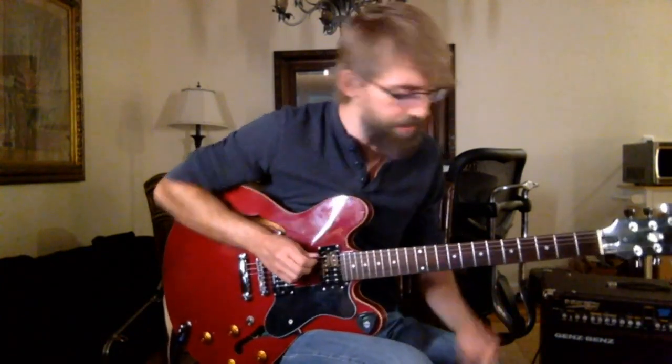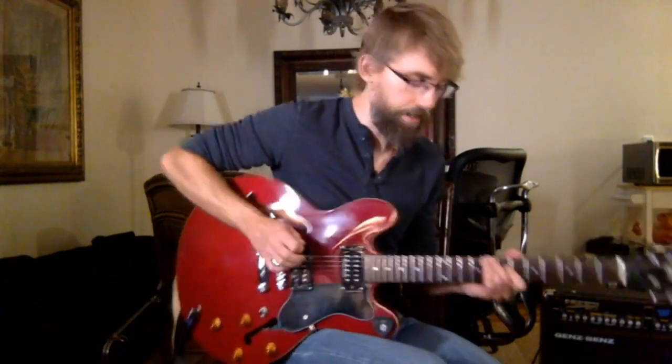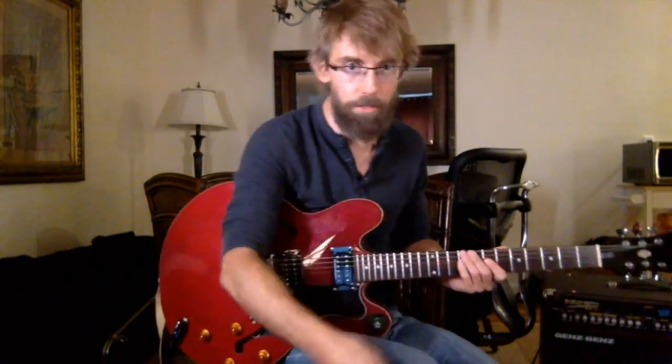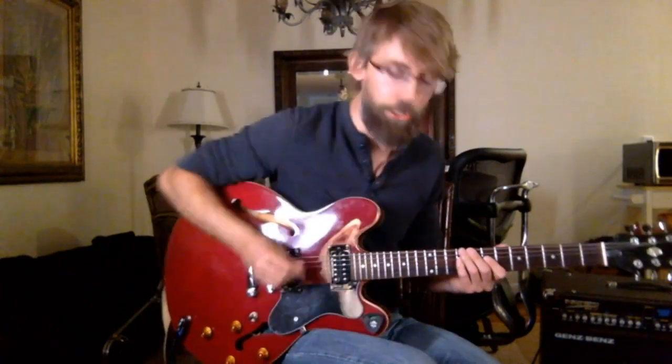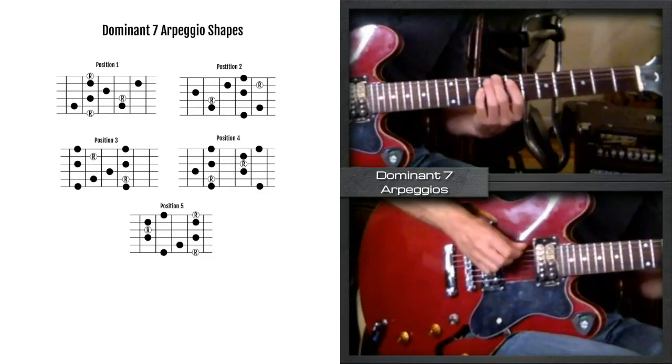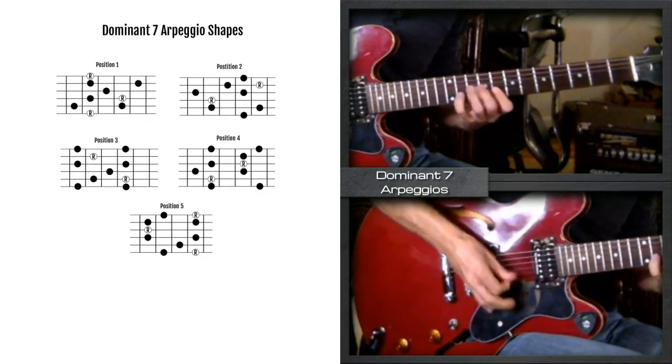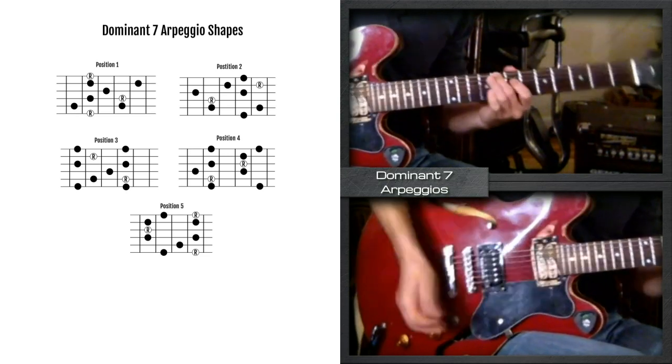So if we take a look at position 1 in C major, it's going to start on the 8th fret. Of course, you could play this shape anywhere, because that's the whole idea with scale shapes, you can move them around. So this one goes like this. I'll play that slowly.